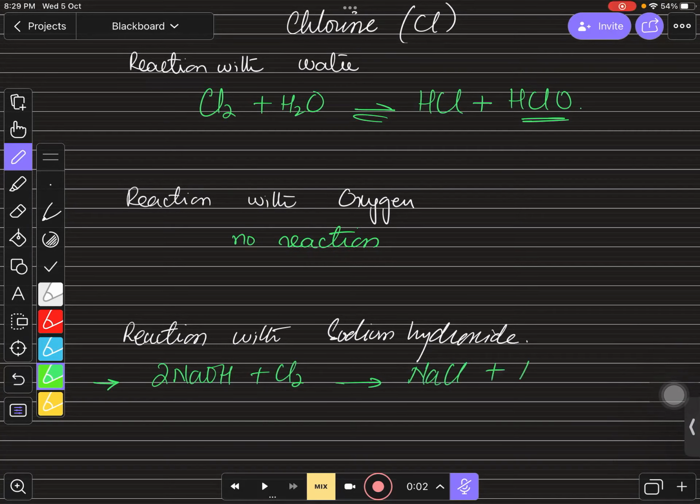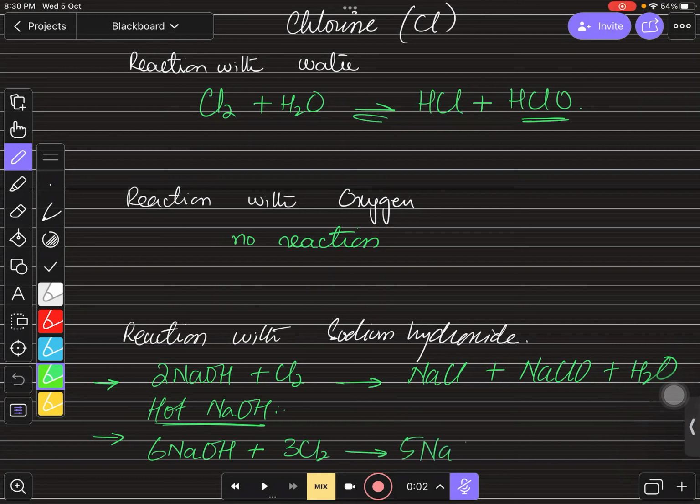So it requires a greater number of molecules of NaOH reacting with chlorine to give you 5 NaCl and this time NaClO3 plus water.